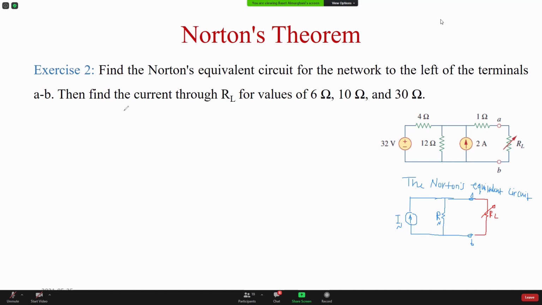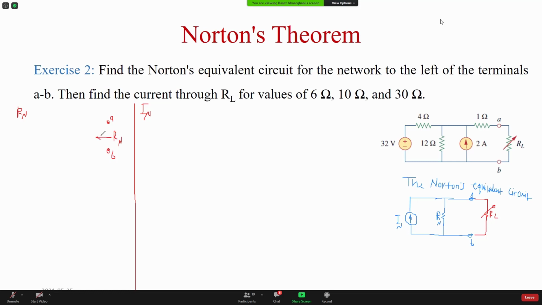So two things: I have to find Rn, and I have to find In. To find Rn, I'm going to put the resistors with no sources. Those are the terminals A and B. I'm going to try to find Rn between them.